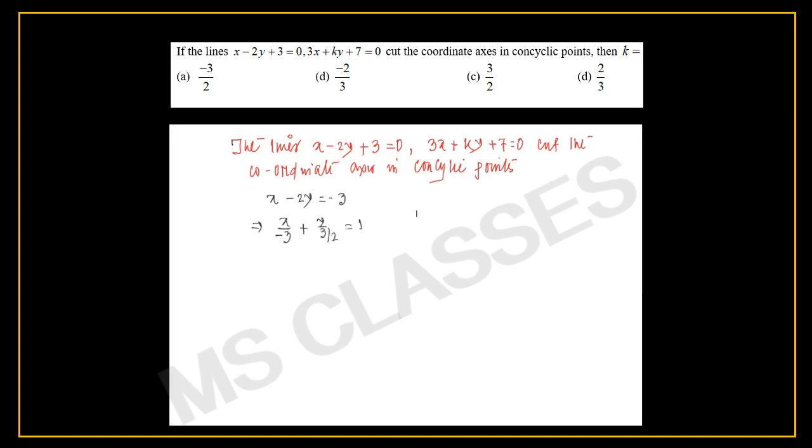So this is the first line. And the second line, what we have, 3x plus ky equal to minus 7. Now from this, we can say that x by minus 7 by 3 plus y by minus 7 by k equal to 1. So we can get here the x-intercept as well as the y-intercept.